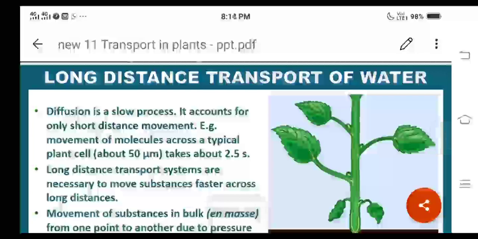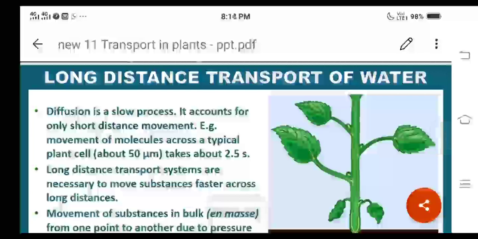At this rate, we can question how many years it would take for the movement of molecules over a distance of 1 meter. To cross only 50 micrometers it will take 2.5 seconds, and to move a distance of 1 meter it will take many years.